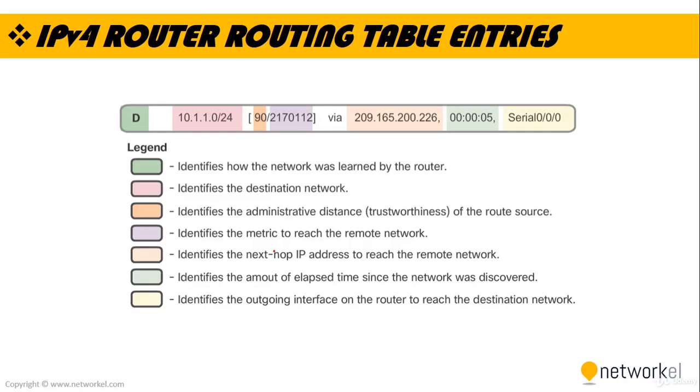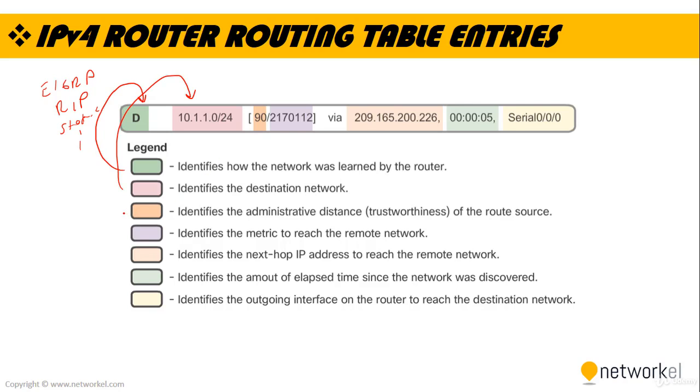As you can see in here, in IPv4 router routing table entries, we have some fields. The first field identifies how the network was learned by the router. For example, if it is learned with EIGRP, if it's learned with RIP, if it's learned with a static route or something like that. The second field identifies the destination network.